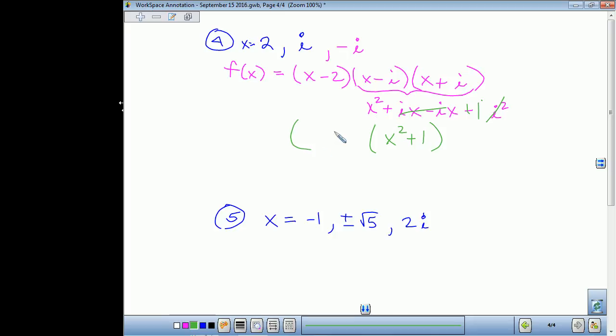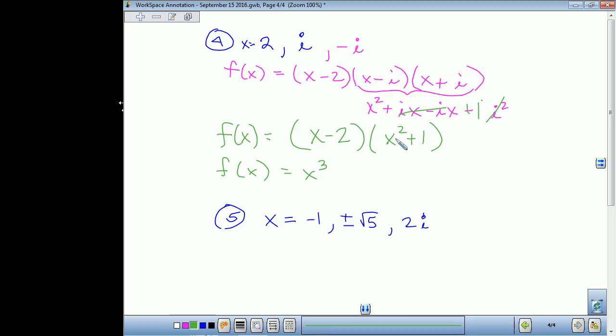Now I multiply that times x minus 2, and that'll take me to expanded form. I'm going to do this out of order, because with expanded form, it always goes from greatest degree down to least degree. So I'm going to do the x times the x squared, because that gives me my greatest degree.